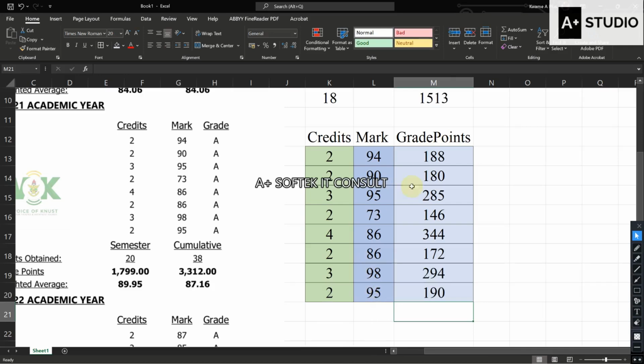In finding the weighted averages, we can find the sum. This is the total weighted average.